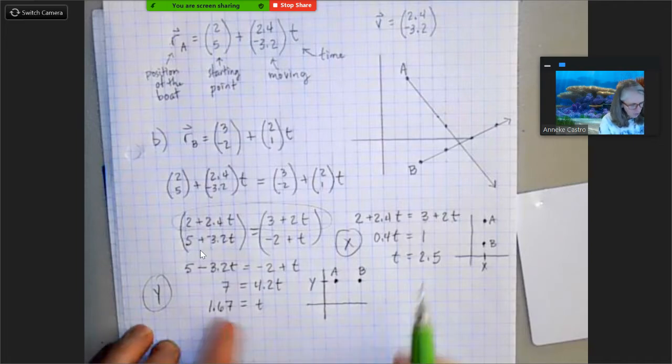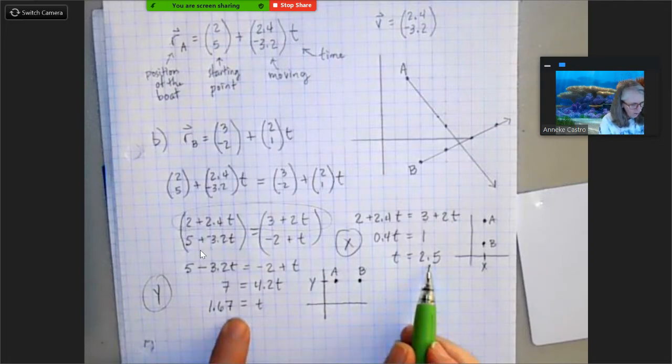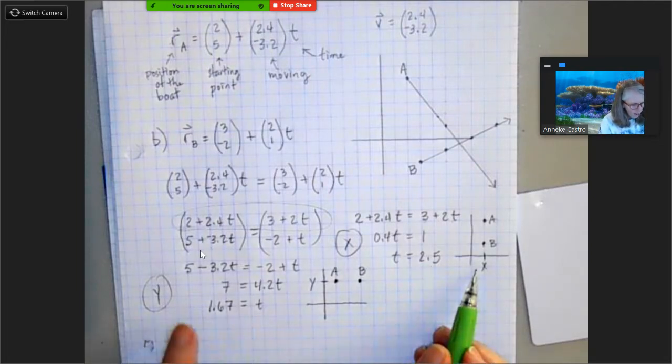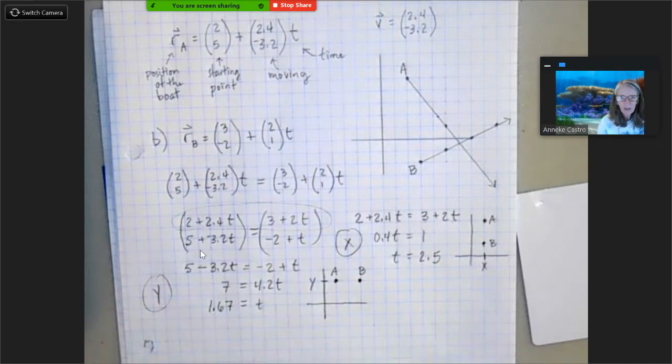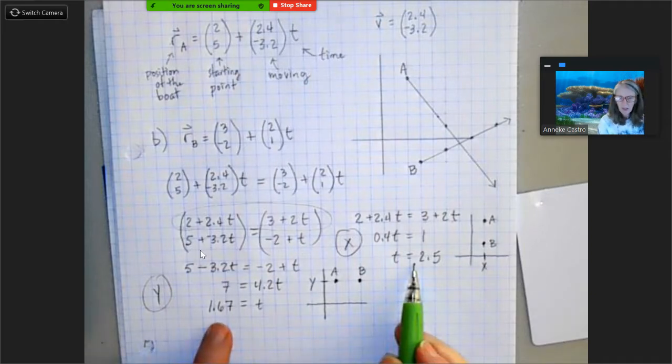But notice the times are different. So we don't have both the same x and the same y at the same time. That's why they don't collide with each other. They are not going to collide, okay? Because it's happening at two different times. They're not at the same x value and the same y value at the same time.